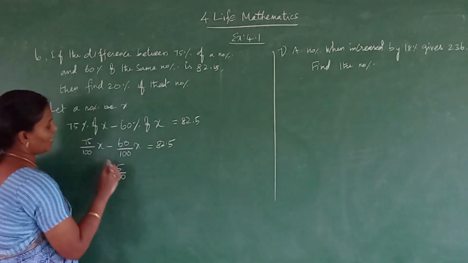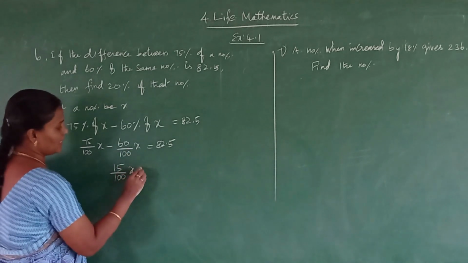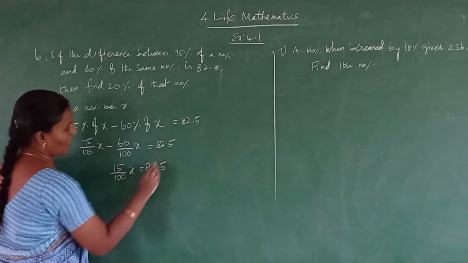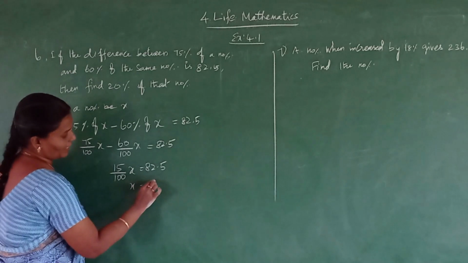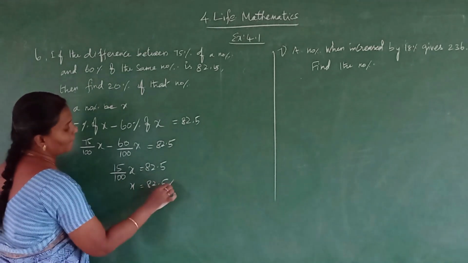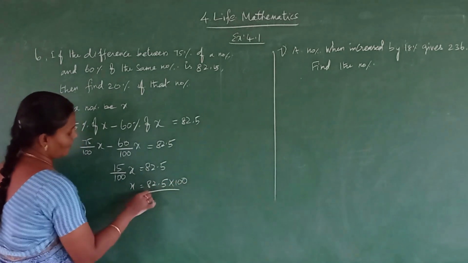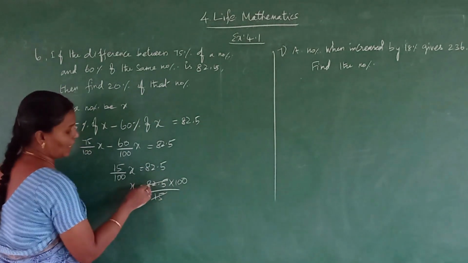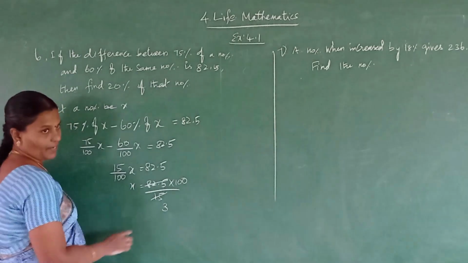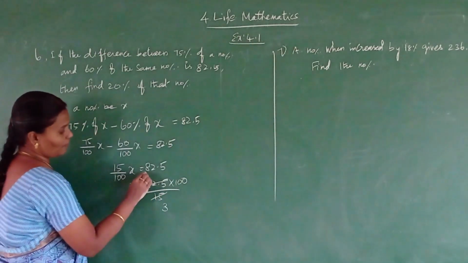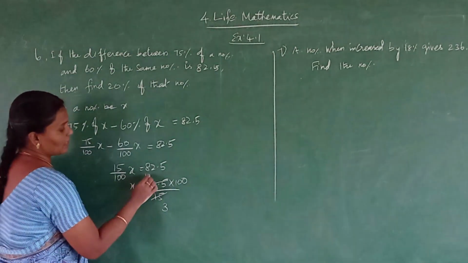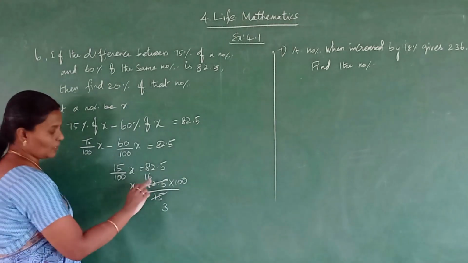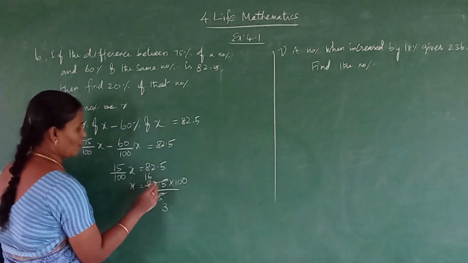So 15 by 100 x is equal to 82.5. Then x is equal to 82.5 multiplied by 100 divided by 15. So cancel with the fifth table. 3 fives are 15, and 32 means 6 fives are 30, remaining 2. So that is 25.